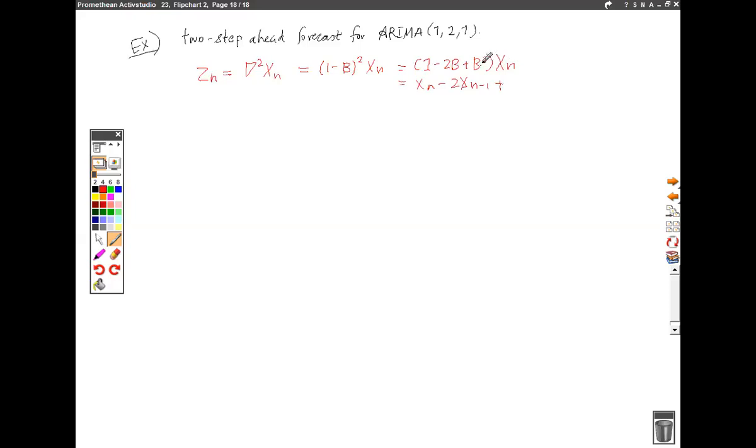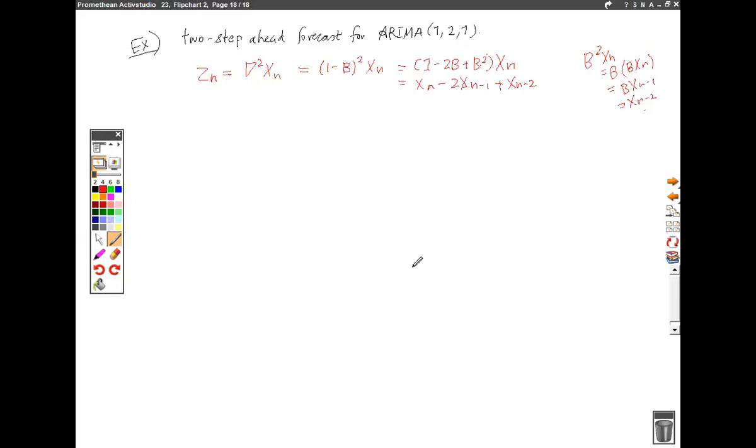So B square Xn will be B times BXn, and my BXn is Xn minus 1. And my B of Xn minus 1 is just Xn minus 2. I don't think you guys should have to write this out; you can directly write it as Xn minus 2.